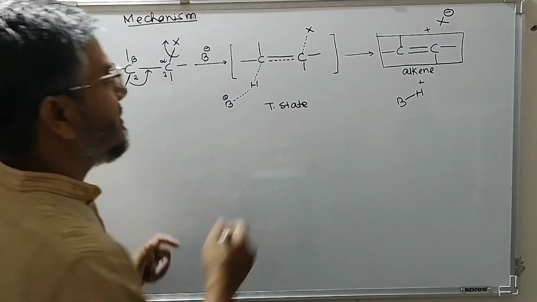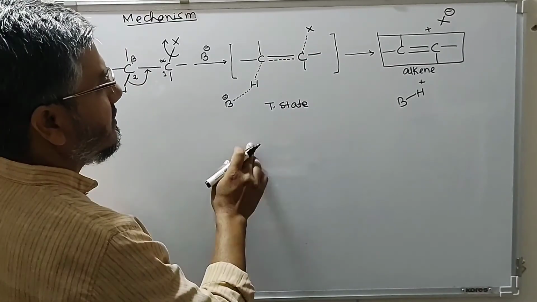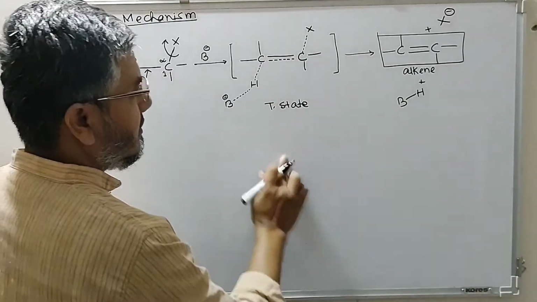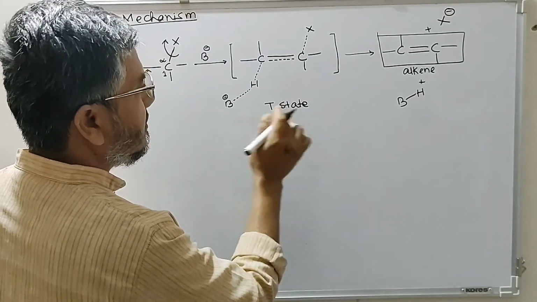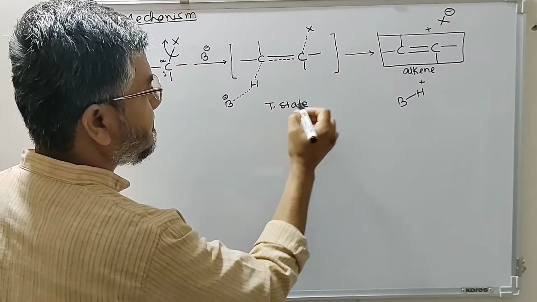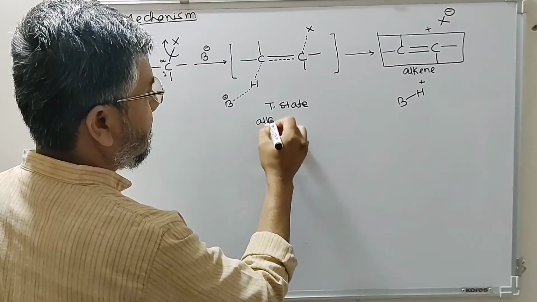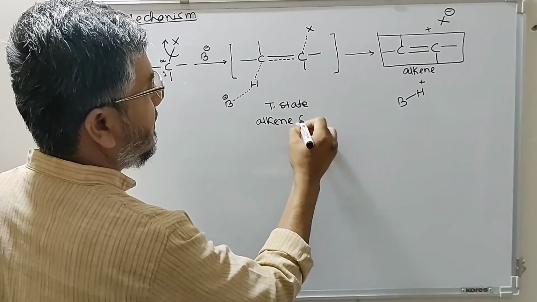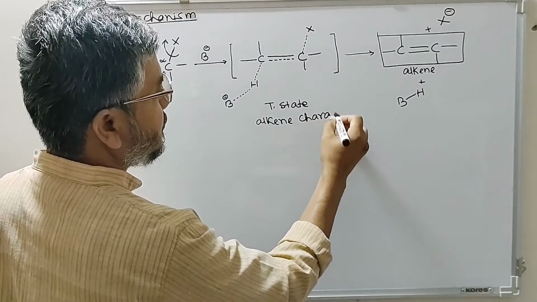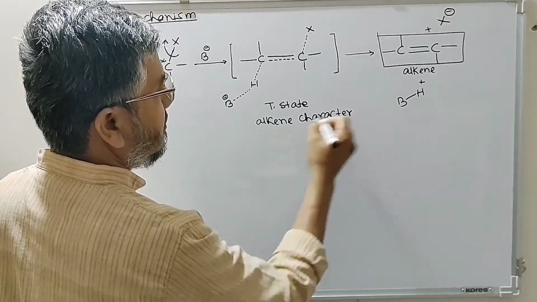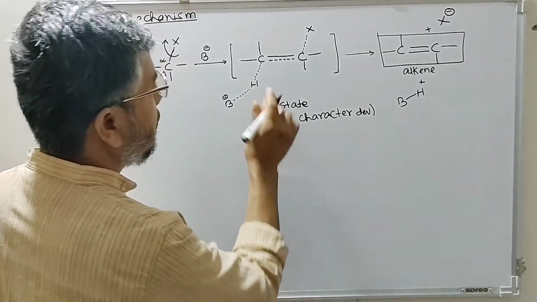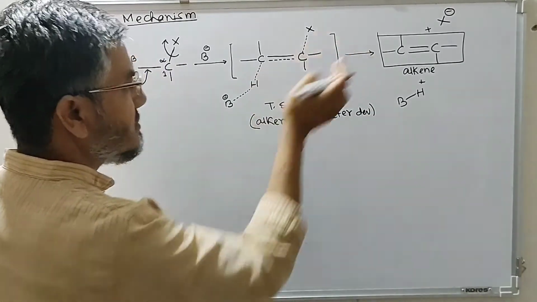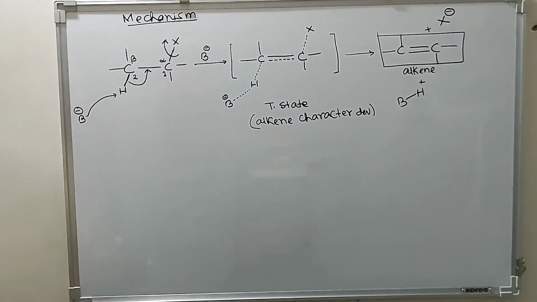Now if you look at this particular transition state, alkene character develops. So look at this transition state, it has alkene character.